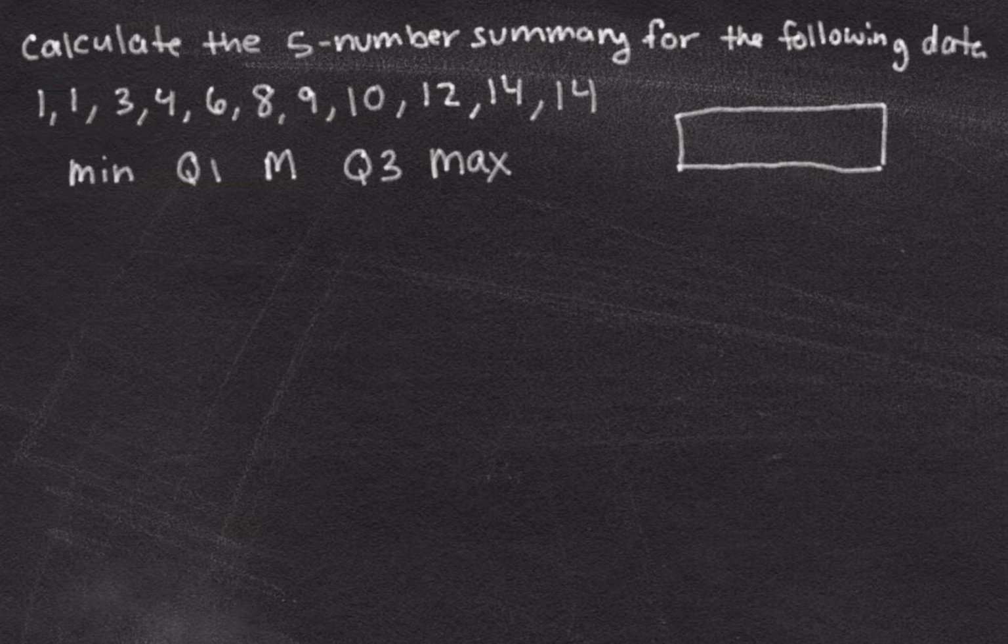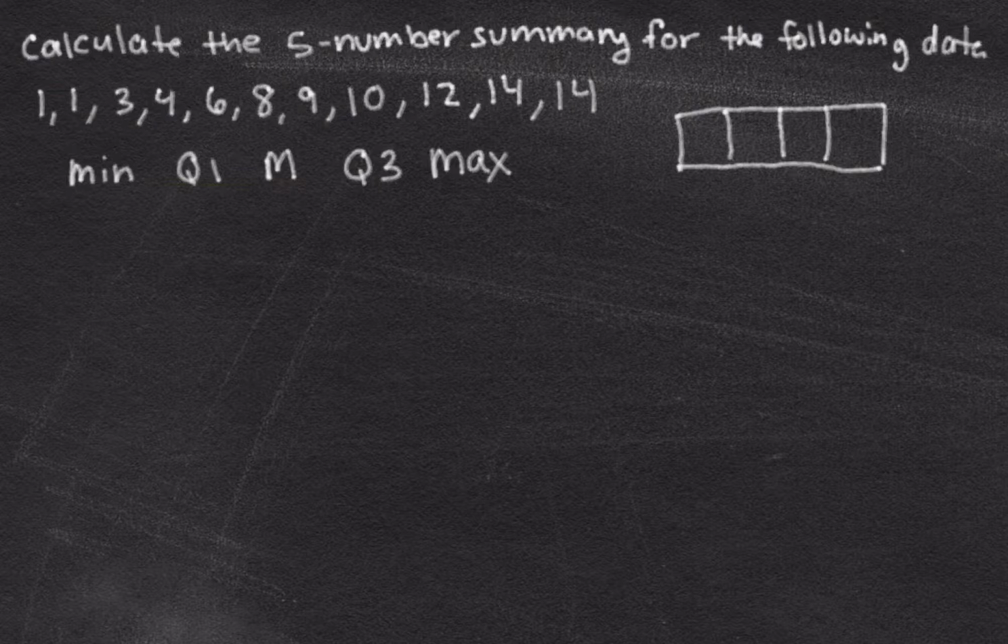So if I wanted to do that with an object, maybe a piece of paper, and divide it into 4 equally sized pieces, I would first just divide it in half, and then I would take each half and divide that in half. So that's essentially what I'm going to do with my data.